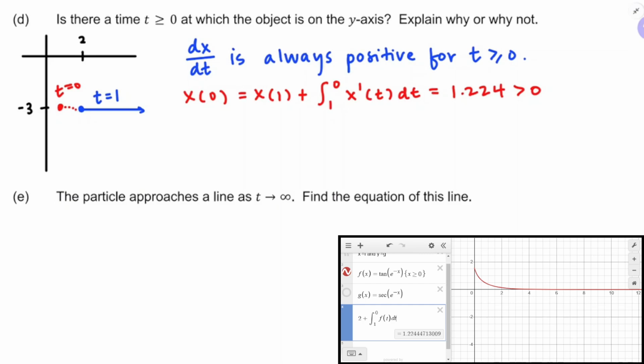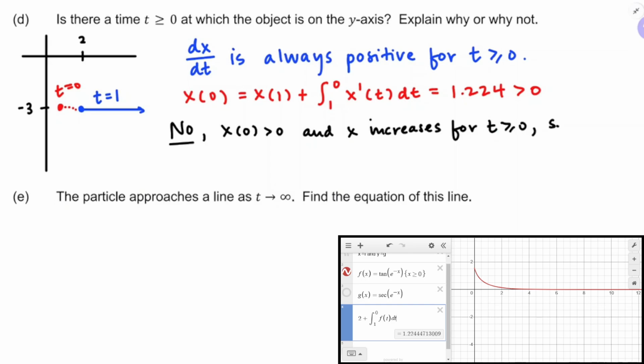Okay, so I'm going to say no, specifically to answer their question. x of 0 is greater than 0, and x increases for t greater than or equal to 0. So x does not equal 0 for t greater than or equal to 0.